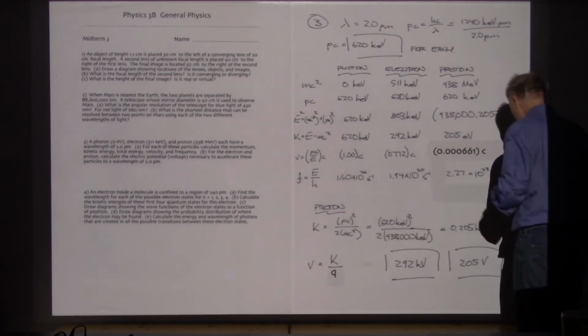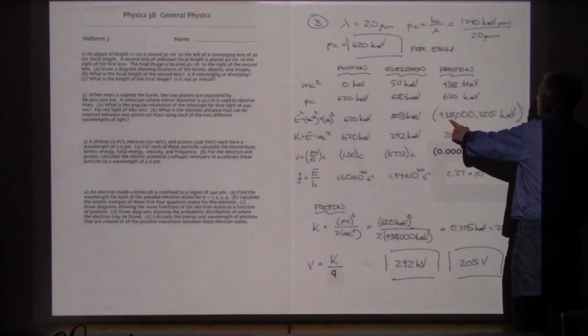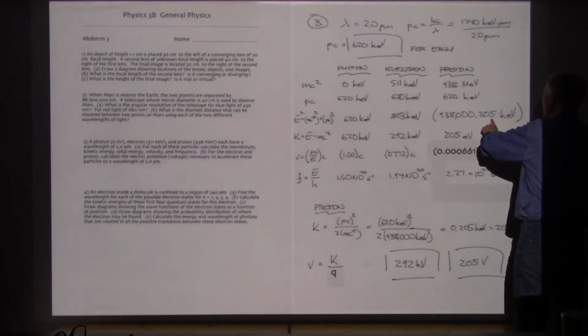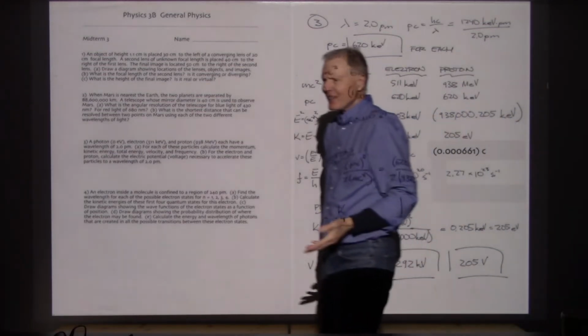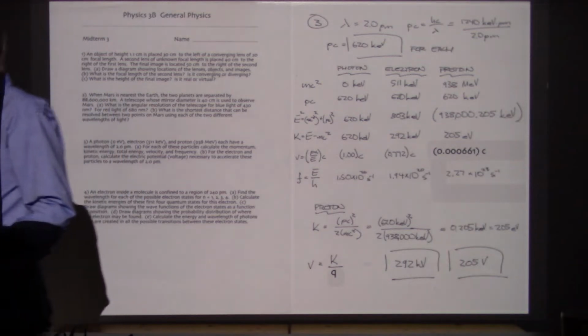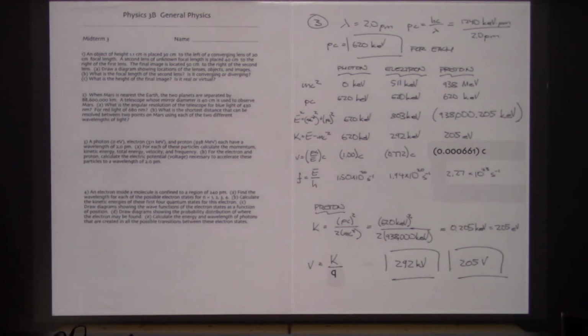But when I carried out the calculation, what I got was 938,000.205 keV. Now that's got me just a little bit worried because I'm trying to keep 9 significant figures. Is that reliable? And sometimes it is and sometimes it's not.